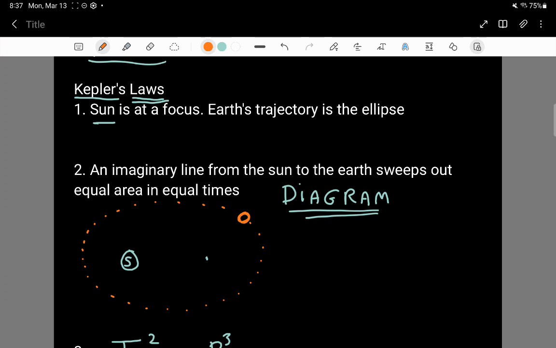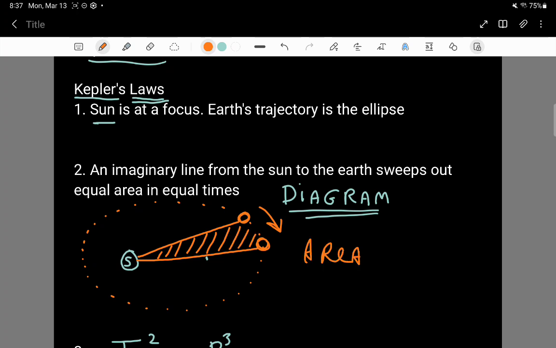And what Kepler says is if you were to very carefully keep track of how much time passes as the Earth moves, so let's say the Earth is moving in this direction, the Earth sweeps out an amount of area, right? So I'm cross-hatching this area that's swept out.